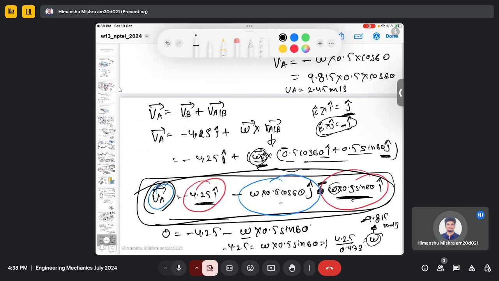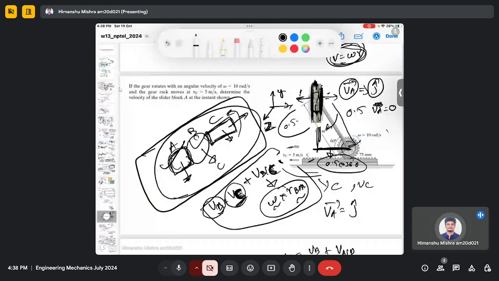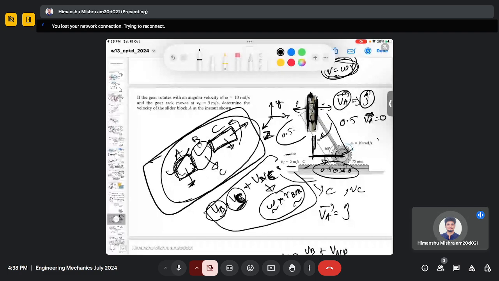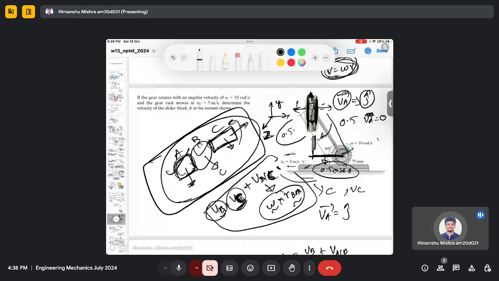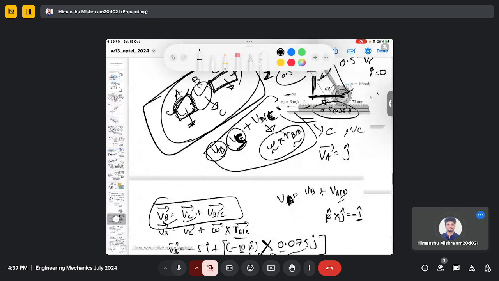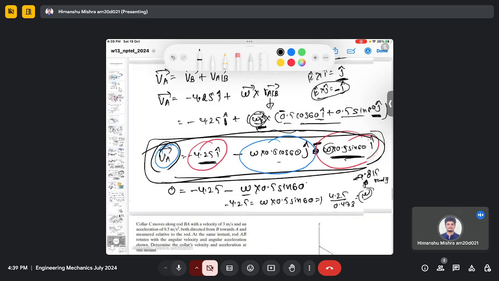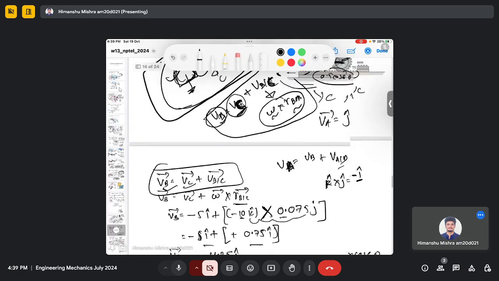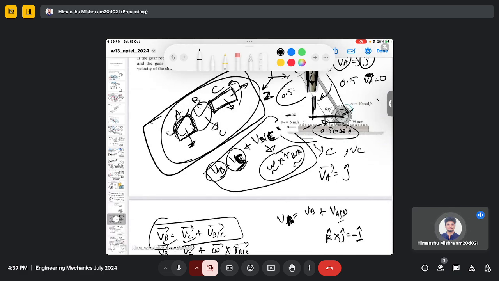These are A, B and C. We have been given the translation velocity of C, and we have been asked to find the translation velocity of A. First we connect system C and B. We have the translation velocity of C, so we found the translation velocity of B. Then we connect system A and B, and by knowing the translation velocity of B, we can find the translation velocity of system A. So when you have velocity given for any system, you can calculate the velocity of another system by using the concept of relative velocity.